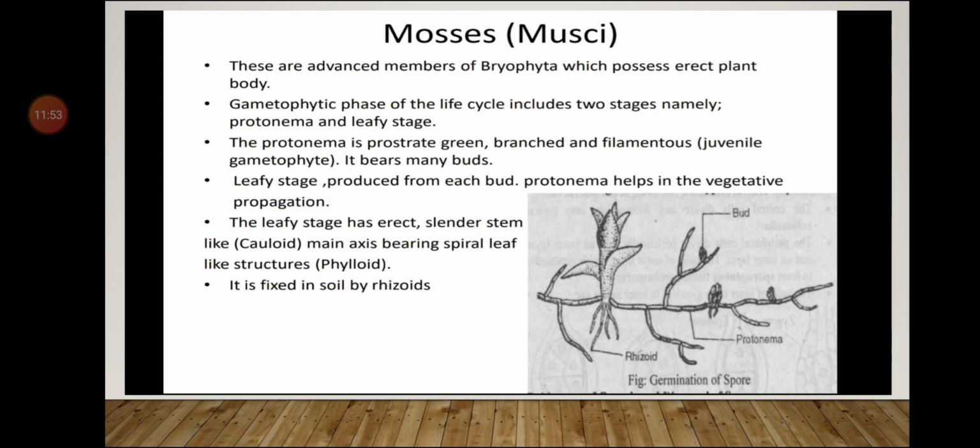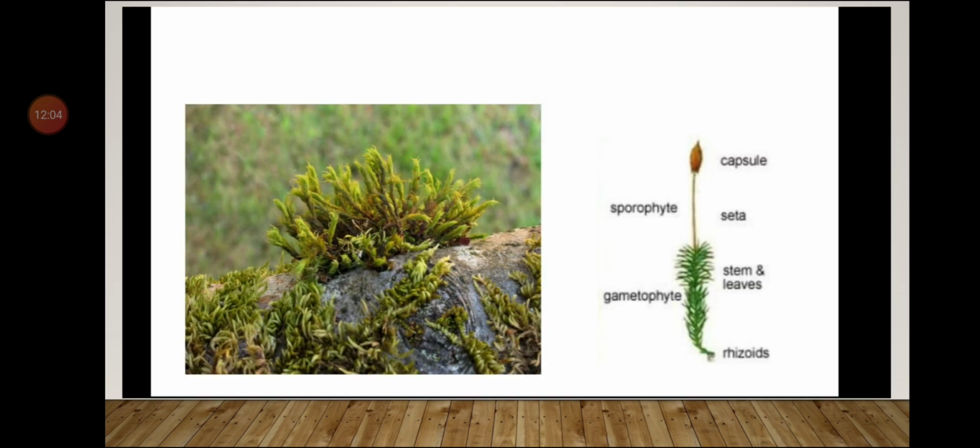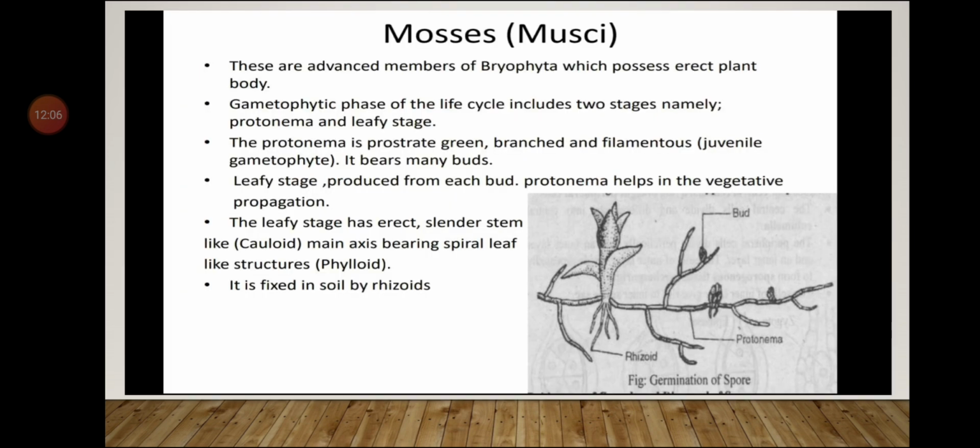Next is the leafy stage. The leafy stage is produced from each bud of the protonema and helps in vegetative propagation, that means vegetative reproduction.